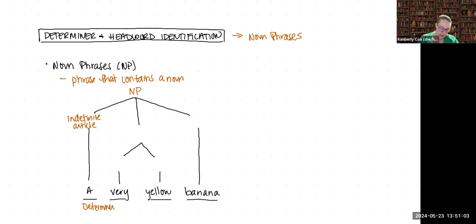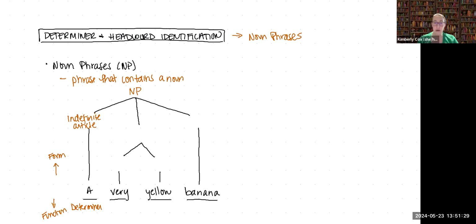Actually, I'm going to erase it and move it over a little so it's not taking up so much room. Determiner. So once again, with our little trees, I just want to point out we're doing the form up here and we're doing the function down here, and we're talking about these words' function in the noun phrase.